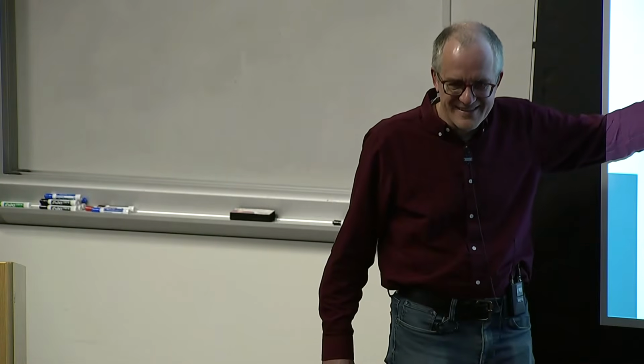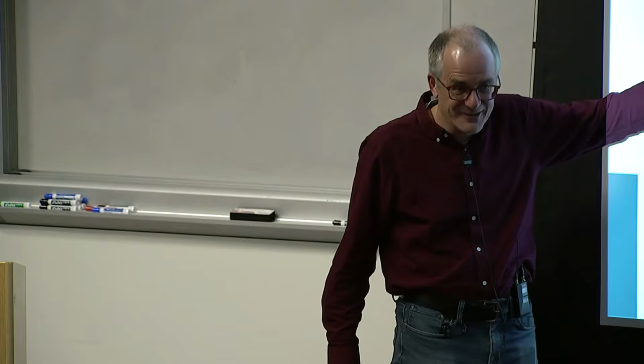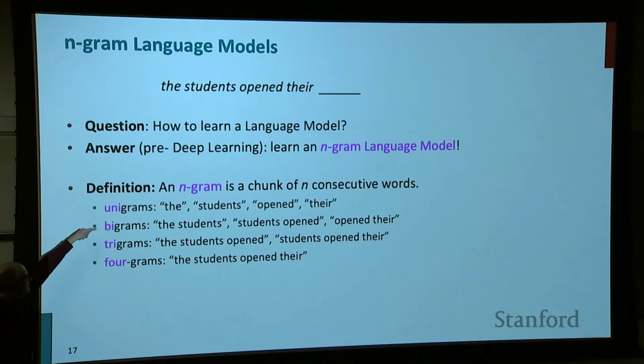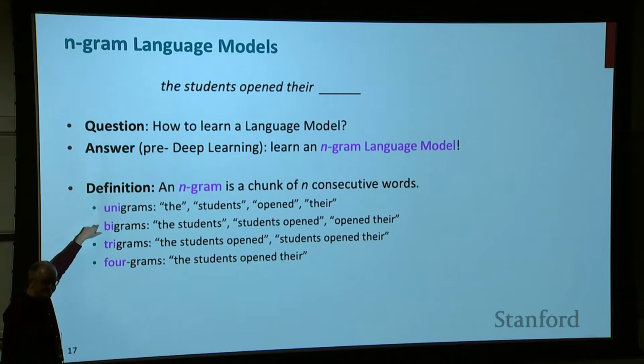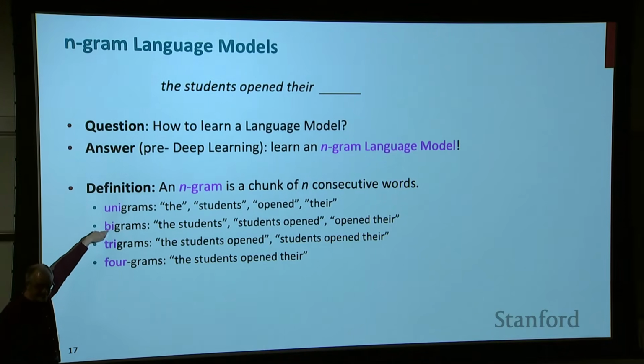So for people with a classics education, this is horrific, of course. In particular, not even these ones are correct because gram is a Greek root, so it should really have Greek numbers in front here. So you should have monograms and digrams.